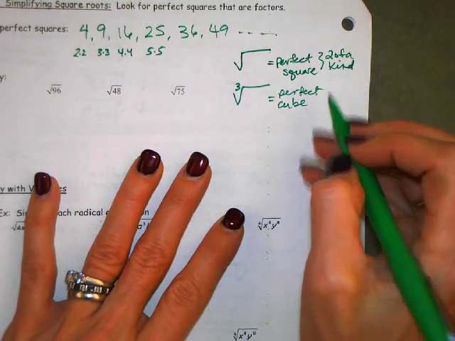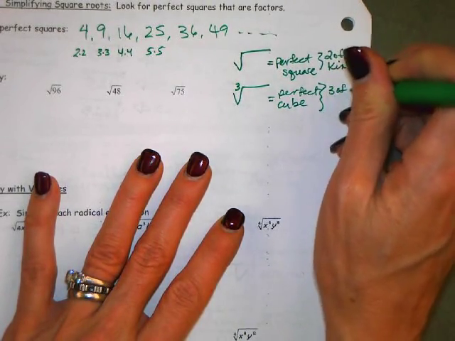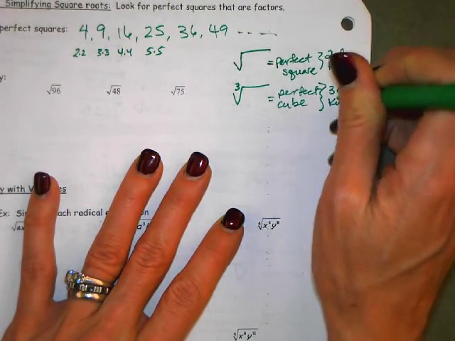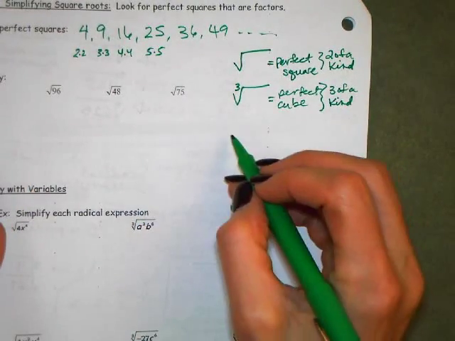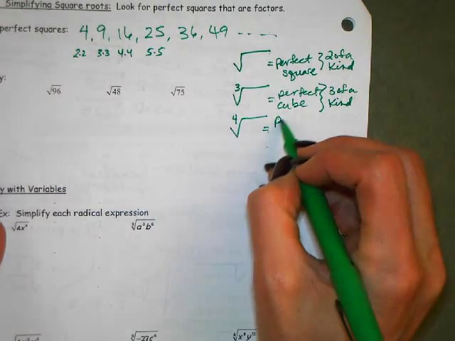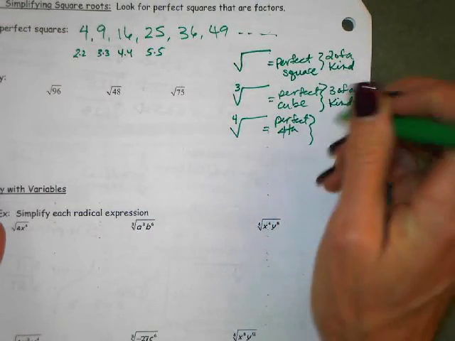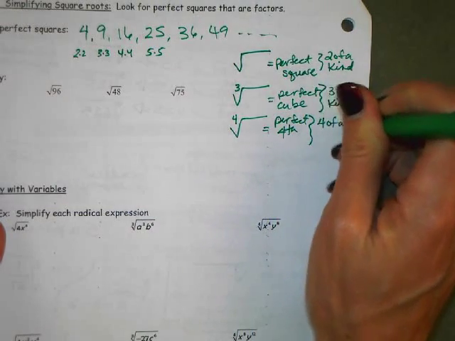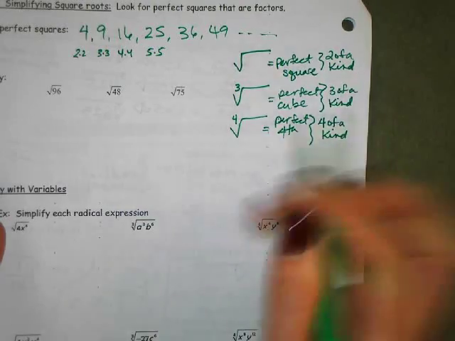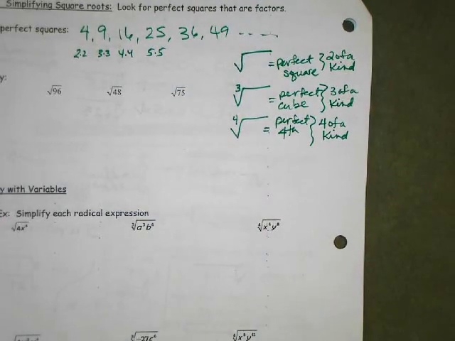If I don't find a perfect cube, I'm looking for a 3 of a kind. If I have a radical sign with a 4, I'm looking for a perfect fourth, or I'm looking for 4 of a kind. The number, your index, is telling you what groups you're looking for when we do this.